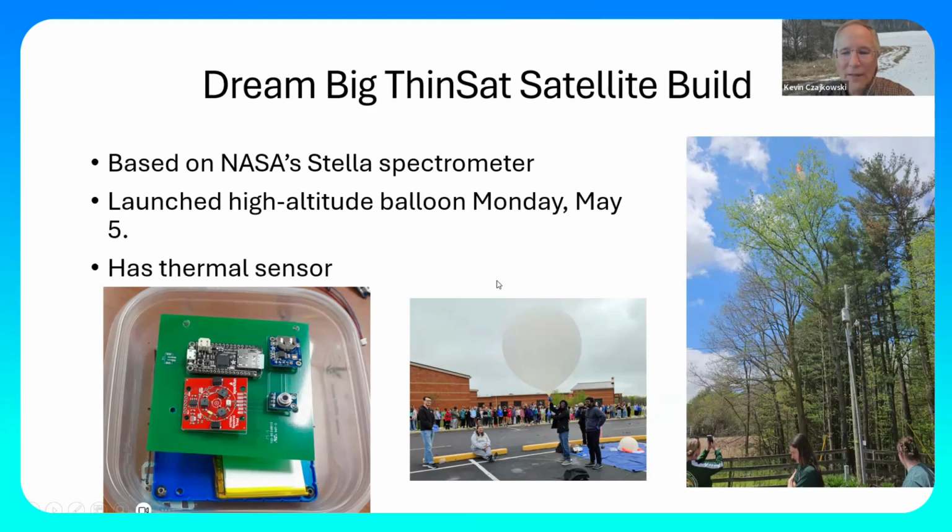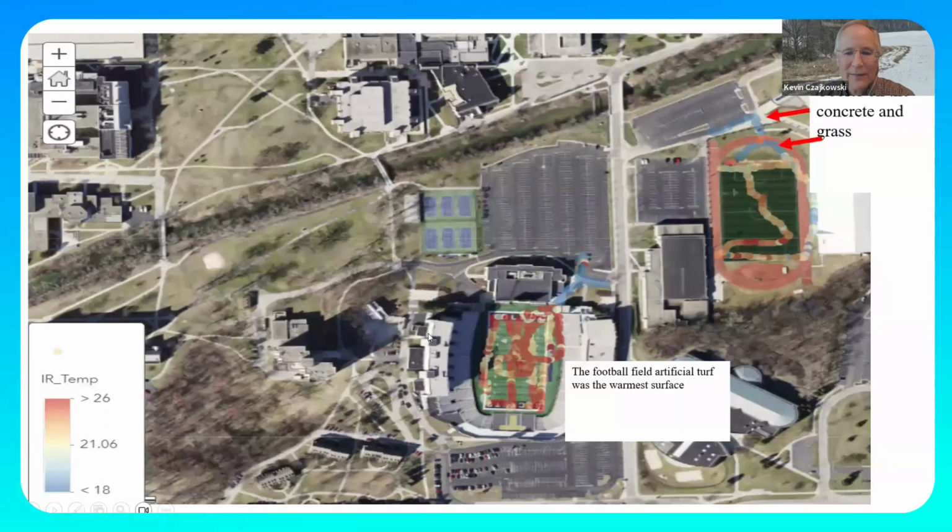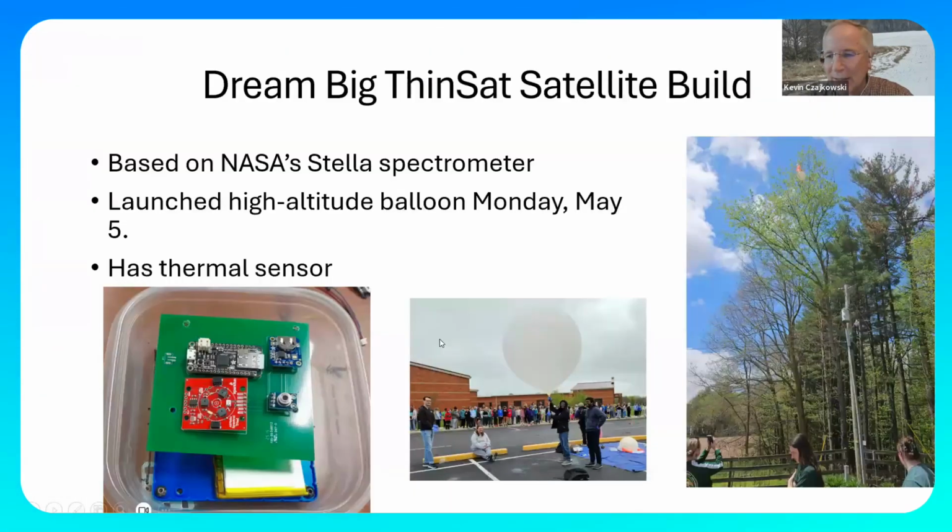This happened Monday. We launched what we call Stella. Now, Brianna was asking me about Stella a little bit ago. This is the inside of Stella. Stella is a spectrometer that NASA, I think it's NASA Goddard, Mike Taylor and Paul Morrell developed.